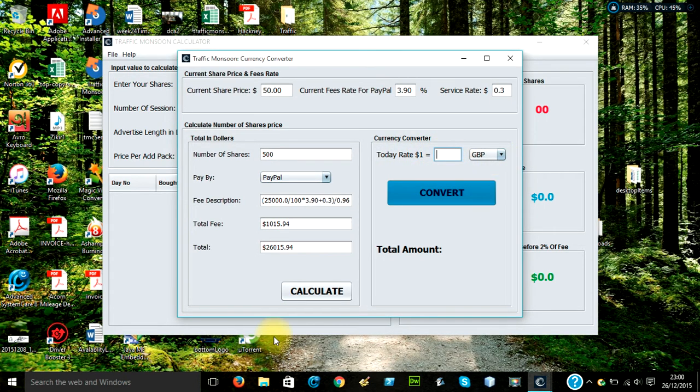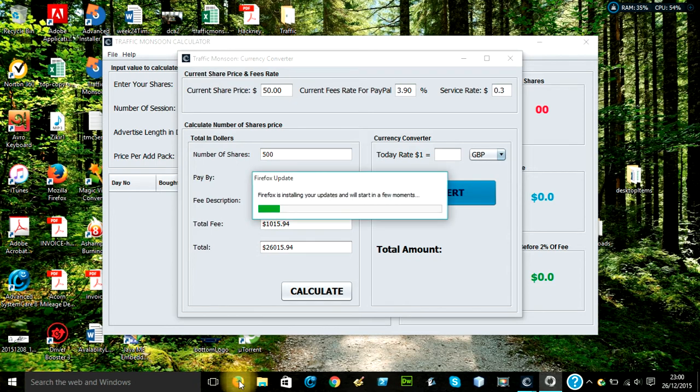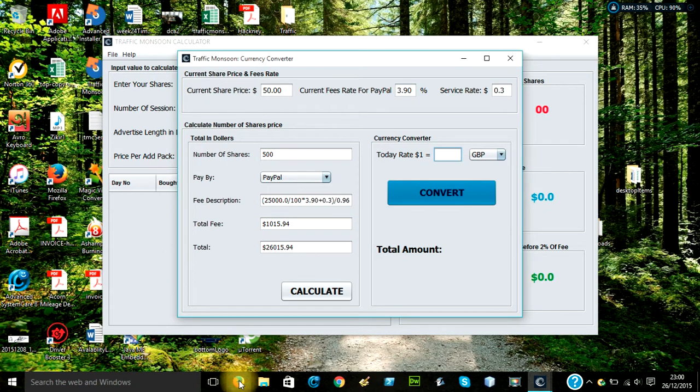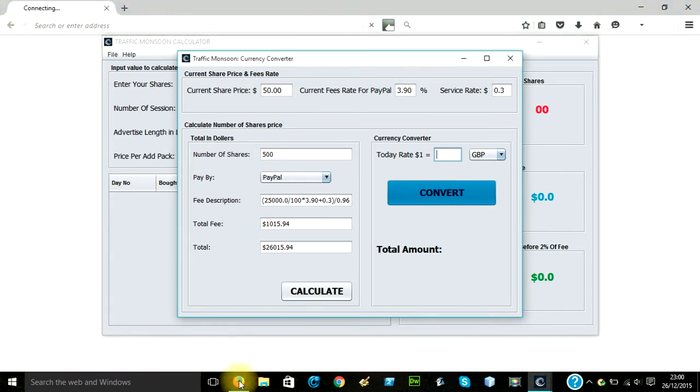If you want to know today's rate, go to Google and search for it, and you'll find today's rate. Just a moment, it's loading. Just a minute, my internet is a bit slow.